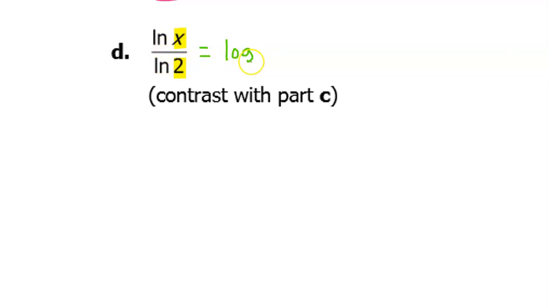So we have to write log. So do you remember which one of these will become the new base? Well, it's the one that's already low, the 2, because the base always hangs low. The x goes right here, and that's it. We go from the quotient of two logs to a single log.